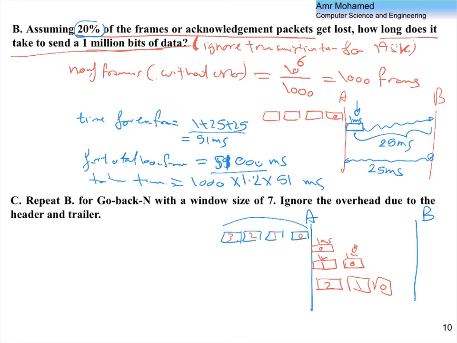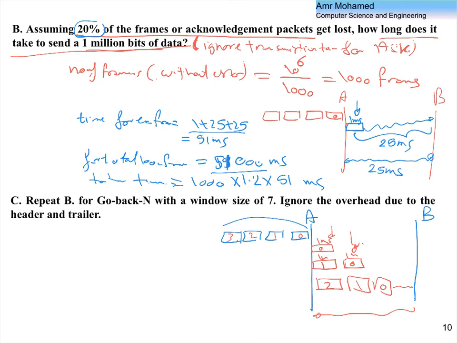After the 7 frames are finished, then we have to wait. Wait for what? Wait for all of them to go, and then the acknowledgement for them comes back. The acknowledgement is cumulative, right? I don't care about the acknowledgement for this or this or this. I care about the last acknowledgement.